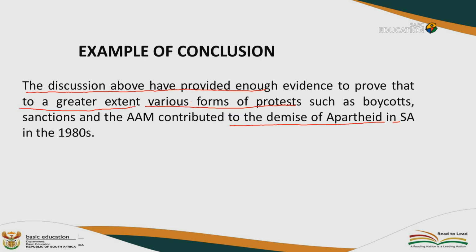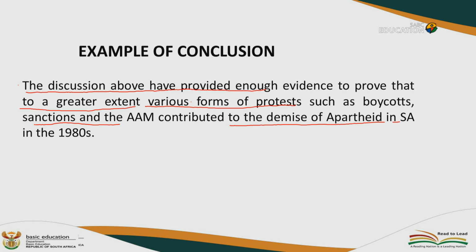The first point, I must have a conclusive statement or a statement of conclusion or a statement of rounding off. Secondly, I then go to my line of argument to say, this is the stance that I have taken. And this is the evidence such as boycotts, sanctions, and so forth, that led to the demise of apartheid.